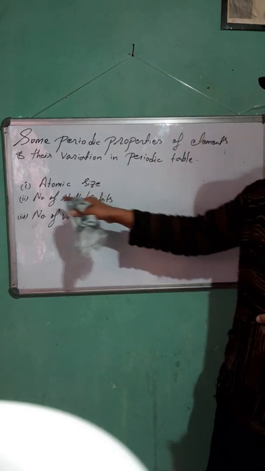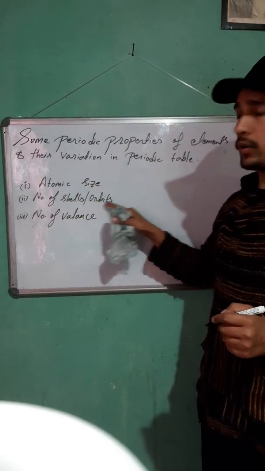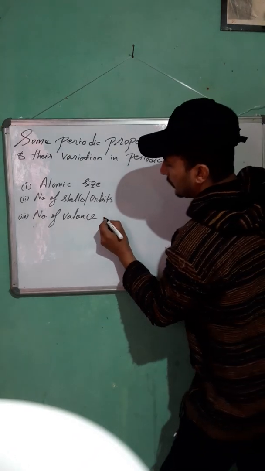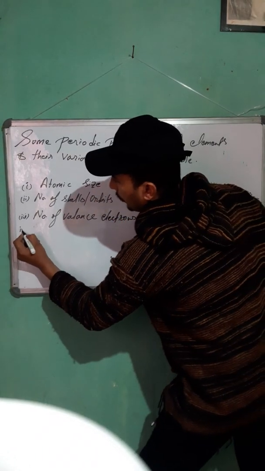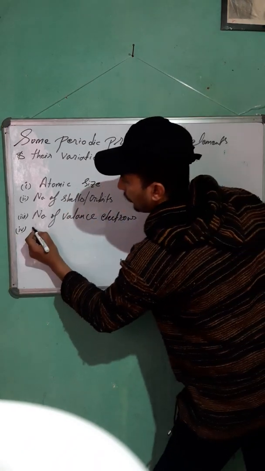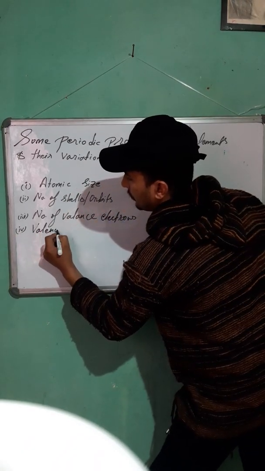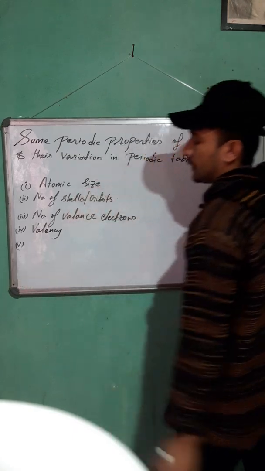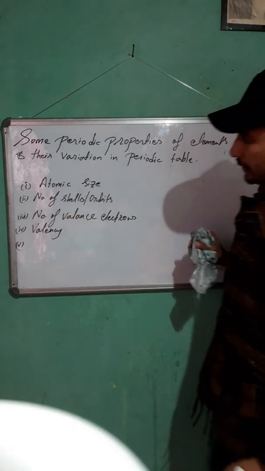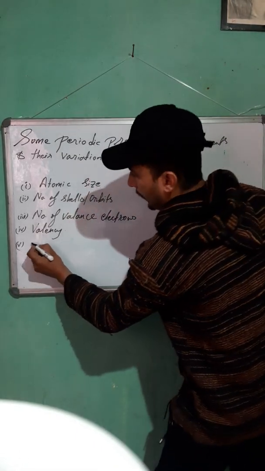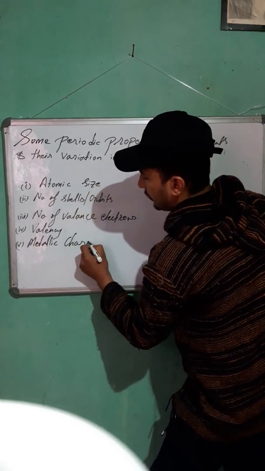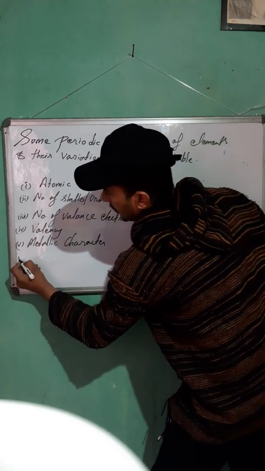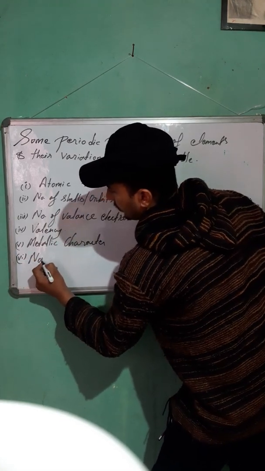Number 1 is atomic size, number 2 is number of shells or orbits, number 3 is number of valence electrons, number 4 is valency, number 5 you can write metallic character, and number 6, non-metallic character.